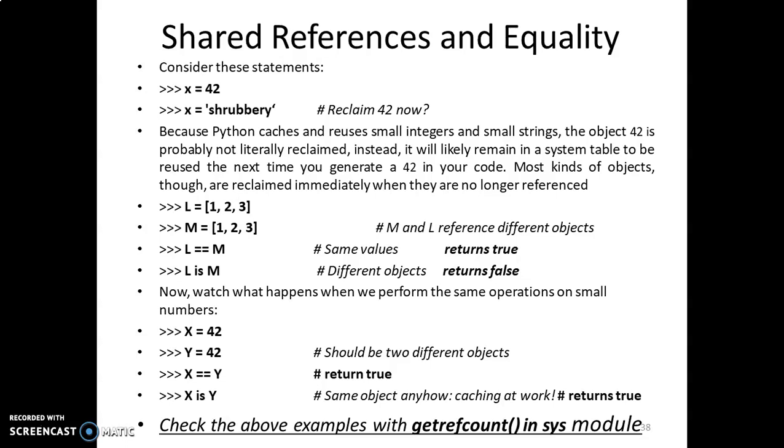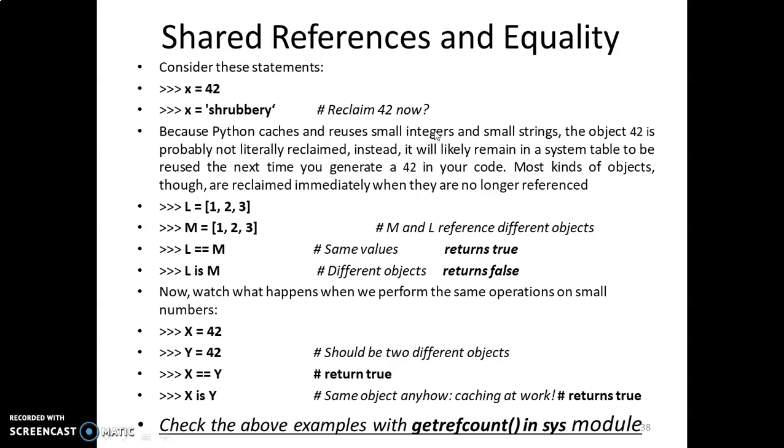Okay. And now let's see this one very important example, and then I'll work out all these things on the Python interpreter for you. For example, the variable x has a value 42, and if I assign the value shrubbery to it now, is 42 reclaimed by Python's garbage collector? Okay. Now, an integer is an immutable object in Python. So Python caches and reuses small integers.